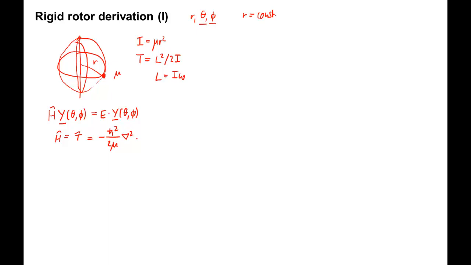In spherical coordinates, this is a somewhat lengthy expression. T hat equals negative h bar squared over 2 mu times 1 over r squared, and now in square brackets, 1 over sine theta partial d d theta operating on sine theta partial d d theta plus 1 over sine squared theta partial d squared d phi squared, which is valid only under the condition of a constant r, which is our assumption in this model.